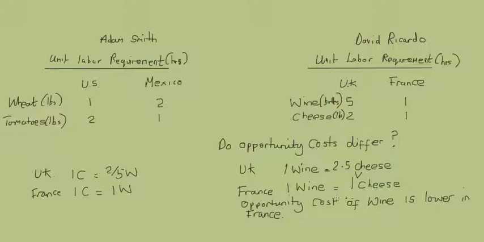And you can see that obviously because they are reciprocals, the opportunity cost of cheese is less in the UK.